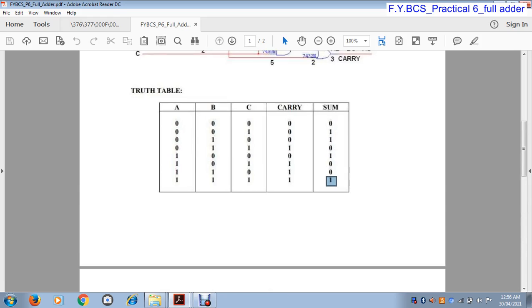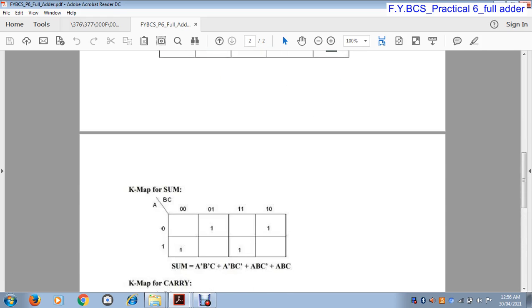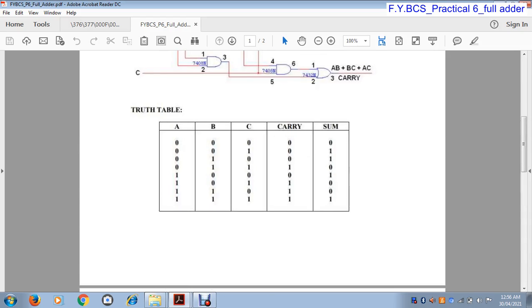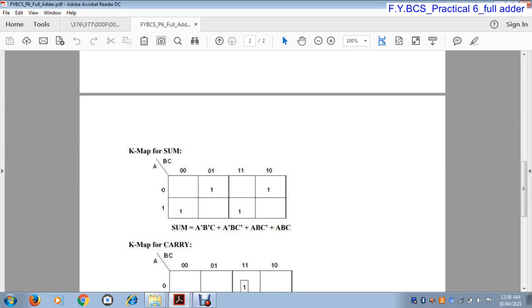Once again I will explain. Here we draw the K map for the sum output. There are three variables A, B, C. So for three variables we draw 8 cells. This is A, this is A bar, and this is BC: B bar C bar, B bar C, B C, and B C bar. Okay.